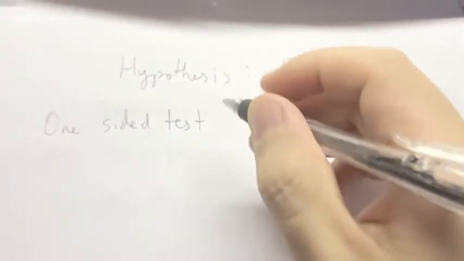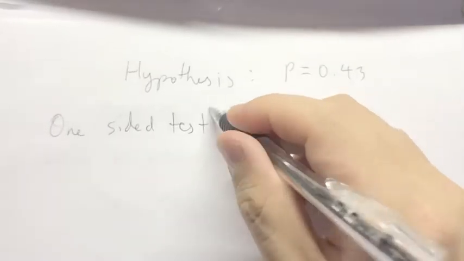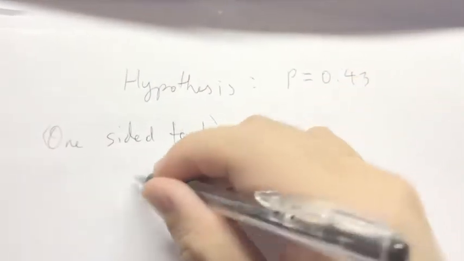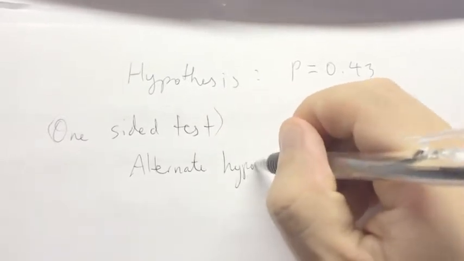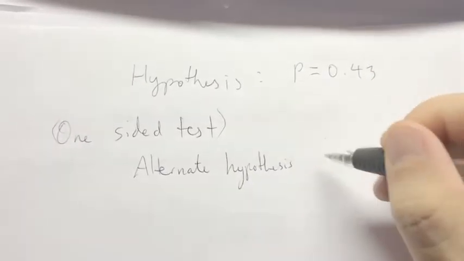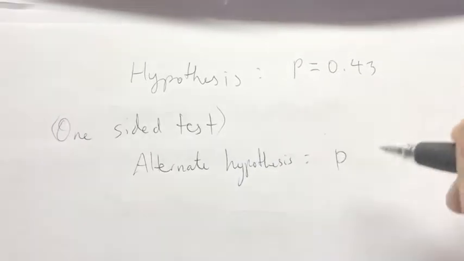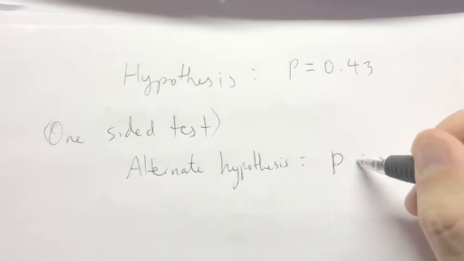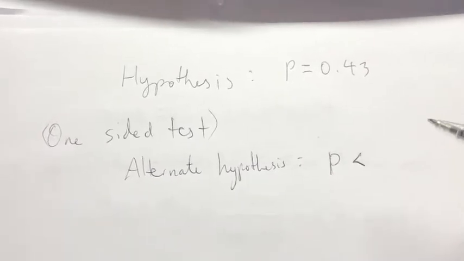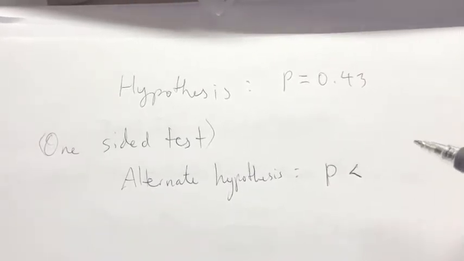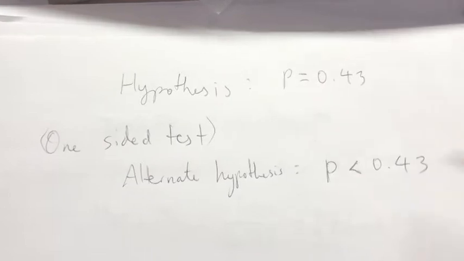So another way of saying that is, the alternate hypothesis is P is less than 0.43.